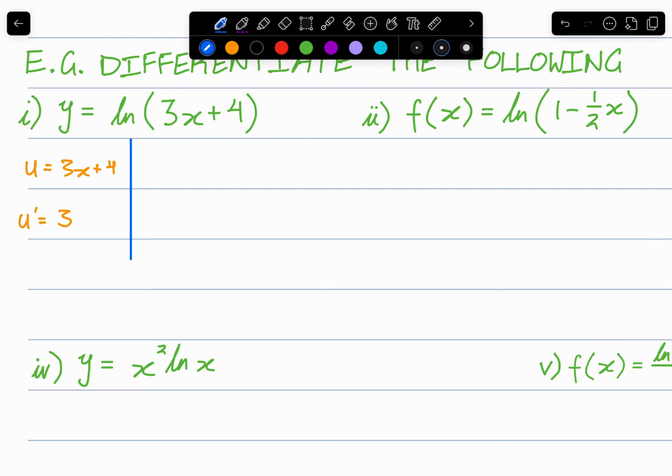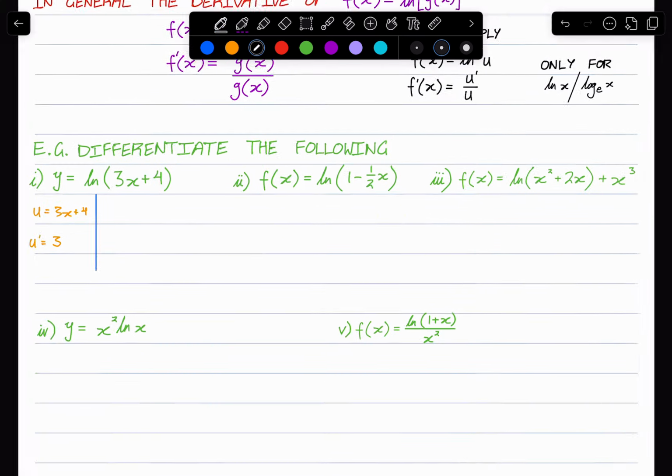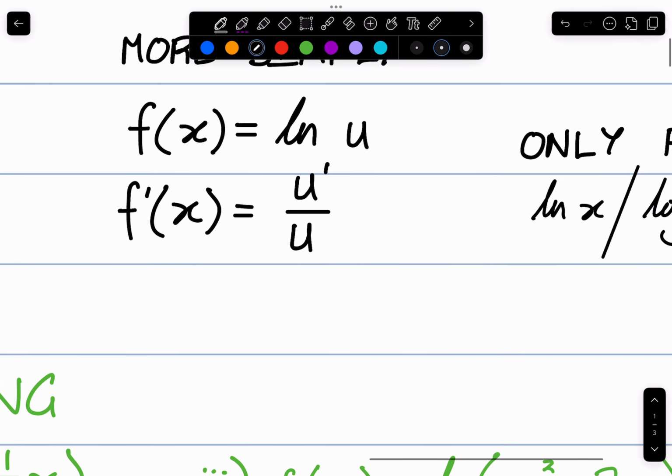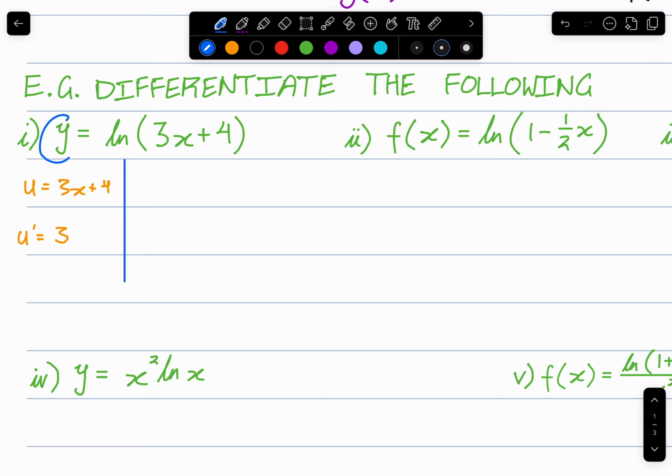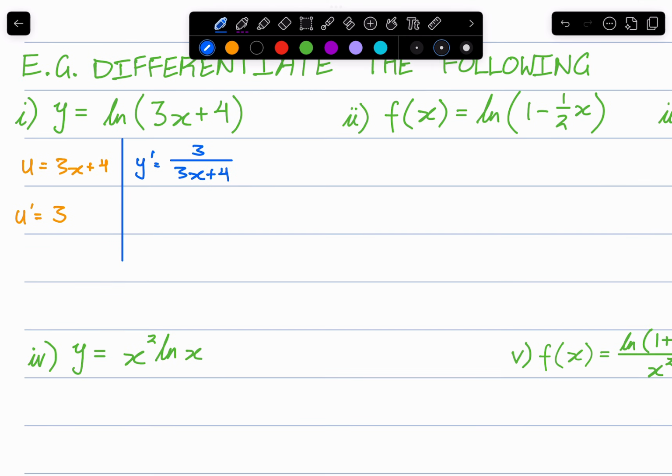Now that we have this, because we know the derivative is u prime on u, we can say y prime, in this case, is u prime, which is 3, on u. And that's it right there.